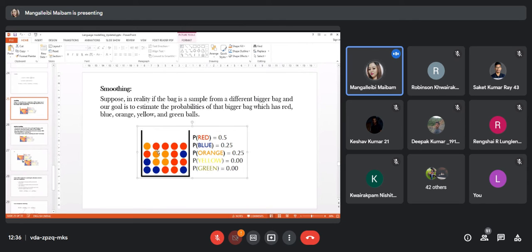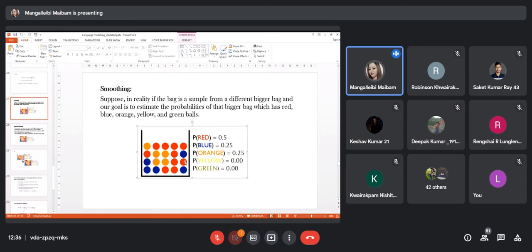And if you take out this bag from another bigger bag, which may have chances to have some other different color balls, it can be yellow color balls, it can be green color balls, it can be black color balls. But for this bag, which is known to us here, it doesn't have any yellow color balls, it doesn't have any green color balls.